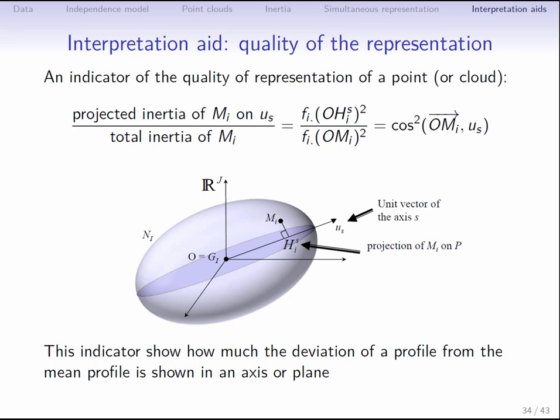The Fi points cancel, which means that the quality of representation doesn't depend on the weights. In fact, this ratio is none other than the cosine squared of the angle between OMI and US.